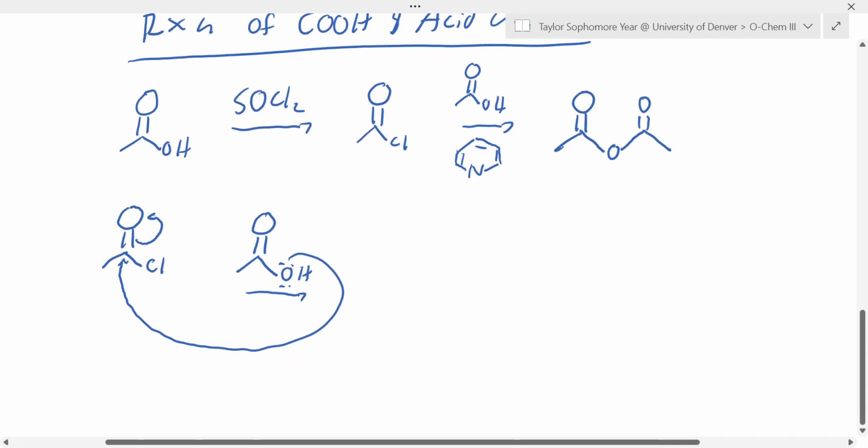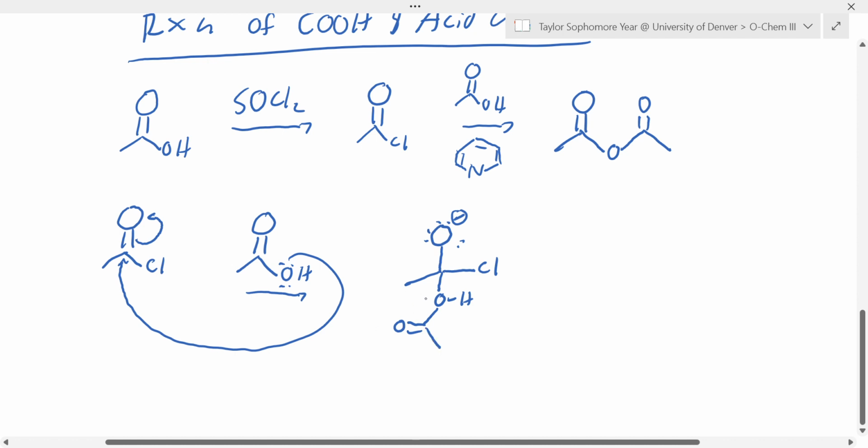From there, now we will have a negative on oxygen, we still have Cl, we have our OH, and then we still have our carboxylic acid on this side.